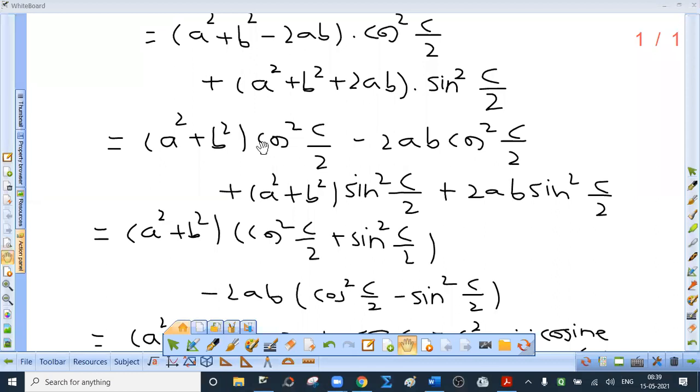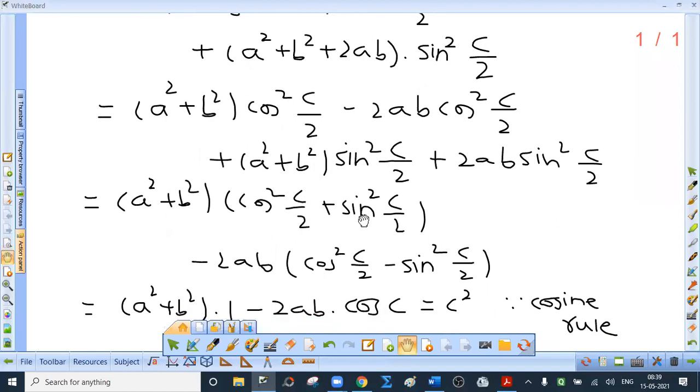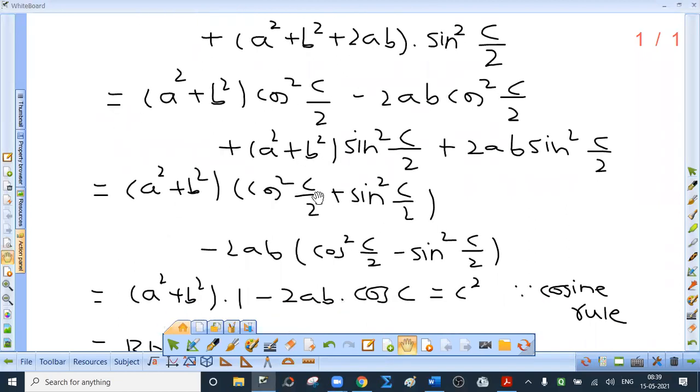So it is a square plus b square. I have opened the brackets cos square c by 2 minus twice ab cos square c by 2 plus a square plus b square sin square c by 2 plus twice ab sin square c by 2. Take a square plus b square common to get in bracket cos square c by 2 plus sin square c by 2, which is 1.